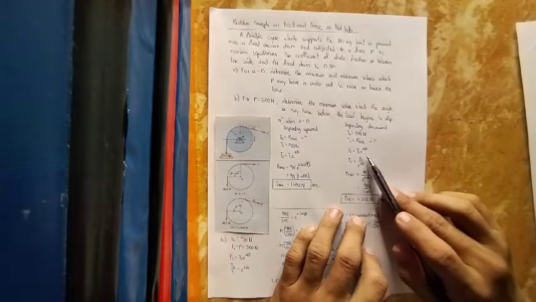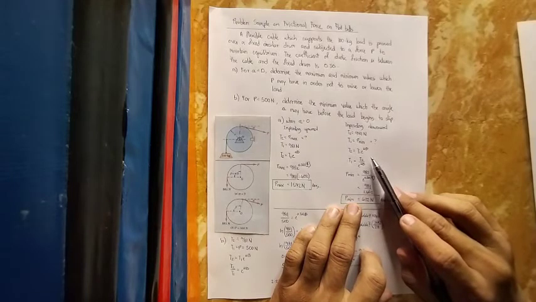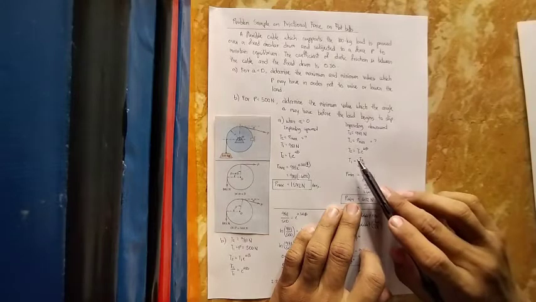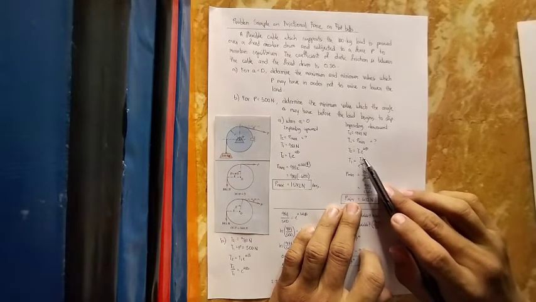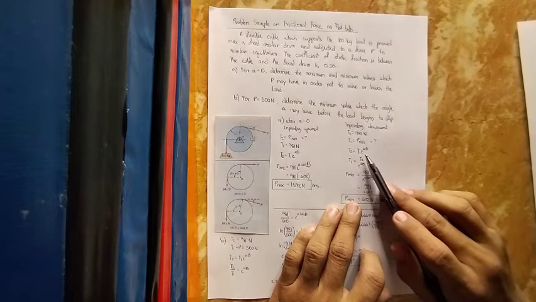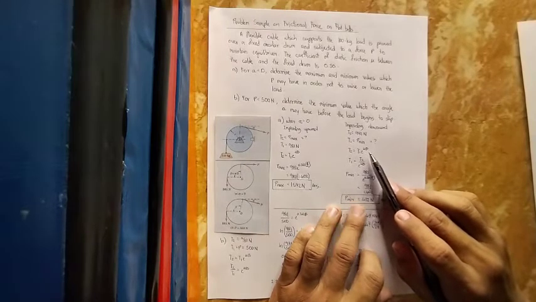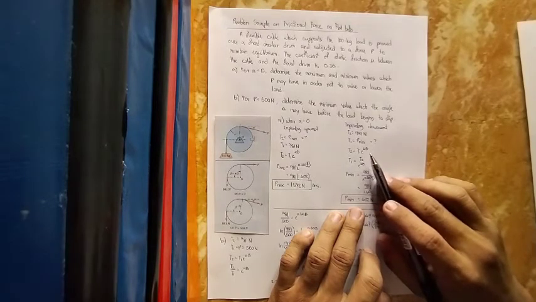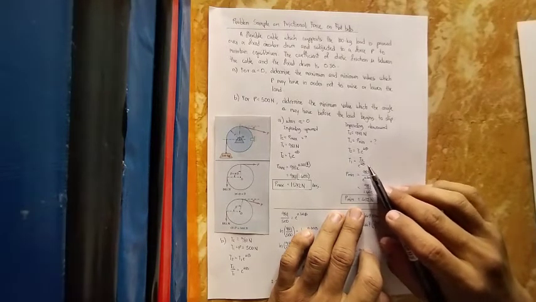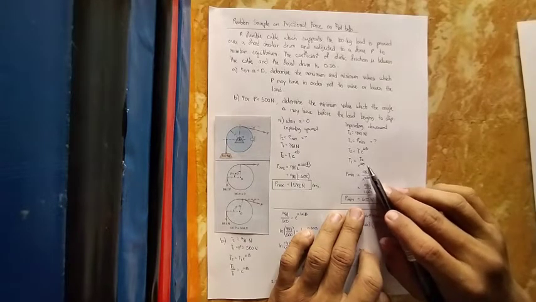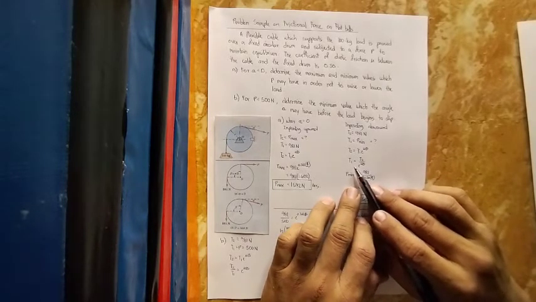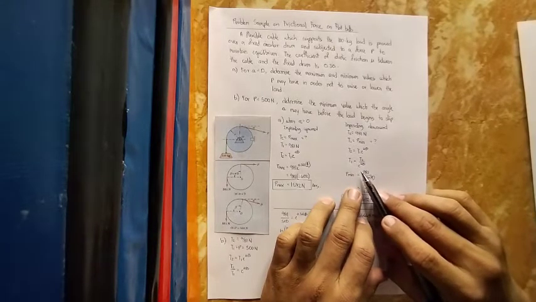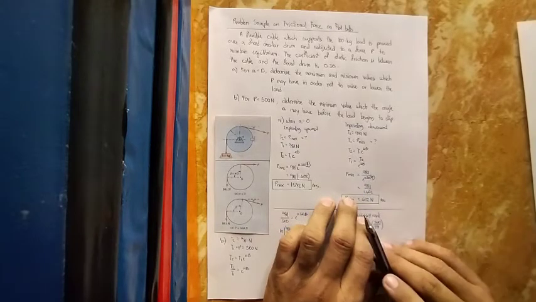Ang gagamitin natin na formula or equation is dun sa formula ng tension 2 which is equal to tension 1 times E raised to the coefficient of static friction times beta. We divide the E raised to the coefficient of static friction times beta over to tension 2. Now we come up with the equation tension 1 is equal to tension 2 over E raised to the coefficient of static friction times beta.